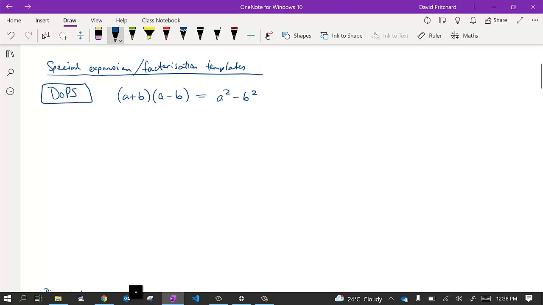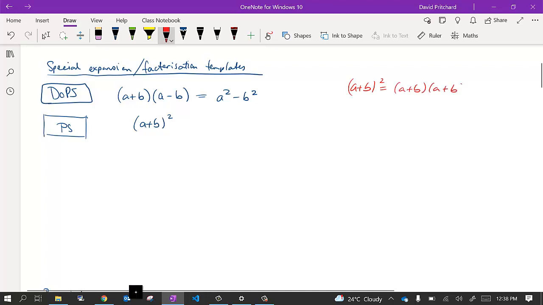The second pattern that you need to know is the perfect square pattern. So in this one, you've got a plus b squared, which is a plus b multiplied by a plus b. So it's a product of that same bracket.